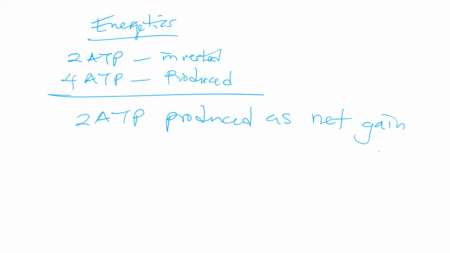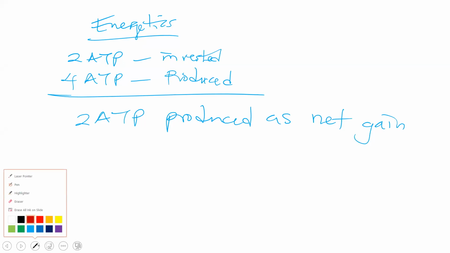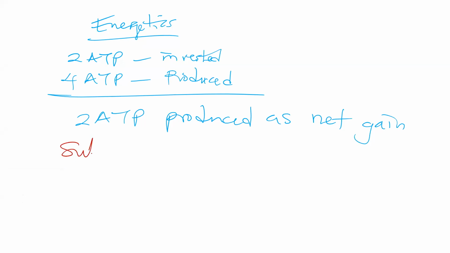The other thing that we want to make mention of is that the formation of ATP is due to two types of phosphorylation. So we are calling it substrate level phosphorylation.